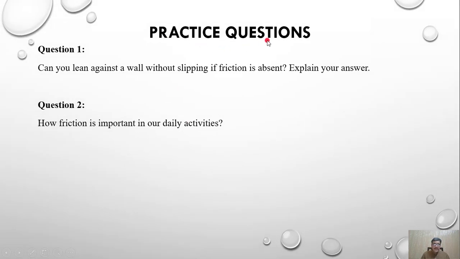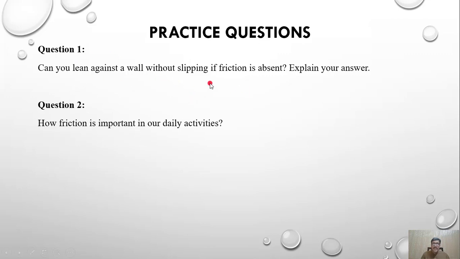Here are practice questions. Question 1: can you lean against a wall without slipping if friction is absent? If no friction is present, can you lean against a wall? Explain your answer. We have seen why friction is required in the previous slide. We need friction to have a good grip.